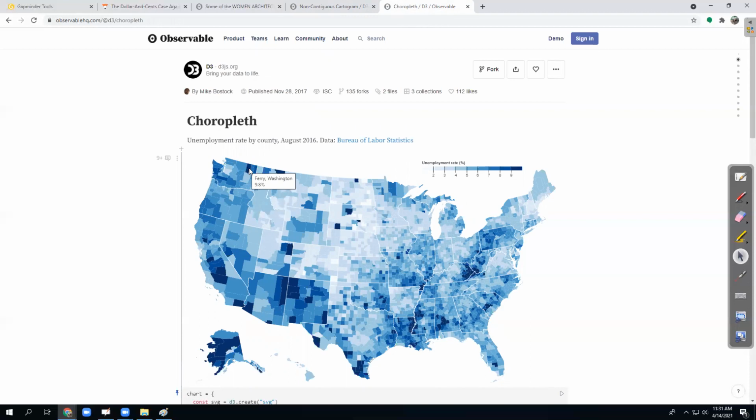So they're color coding, and a lot of these graphics these days, when you point to something, you get further information, the name of the place, and maybe some data to go with it. That was an interesting use of a graph also. So infographics, there's a lot of amazing stuff out there. If you come across something cool, let me know, and I'd be glad to share it with the rest of the class.